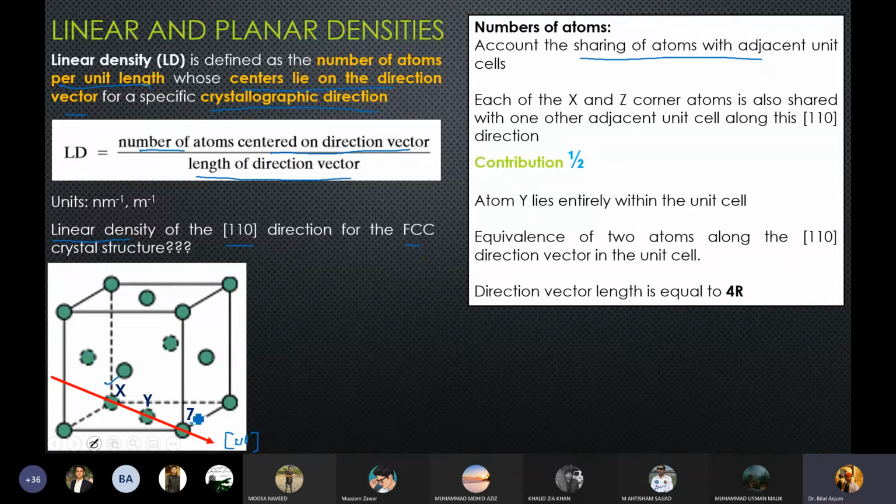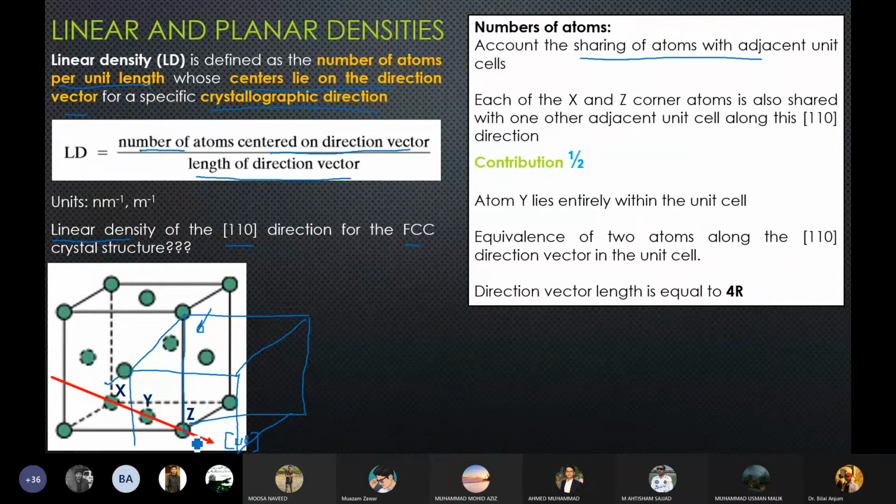Along the same red line, they are shared by this unit cell as well as a unit cell adjacent to it. The same atom would be shared by another unit cell which is adjacent to it along this red direction.